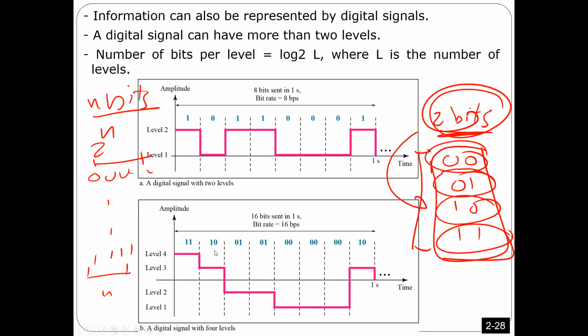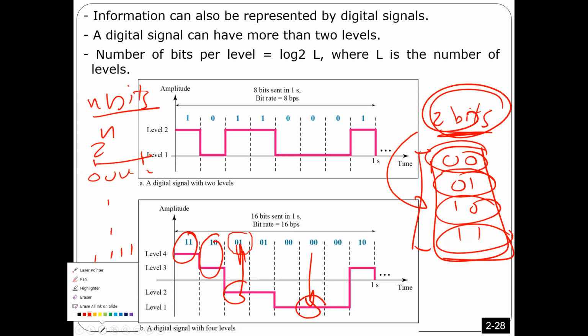This level for 1, 0. This level here is going to be for 0, 1. And 0, 0 is going to be this one. So every time I have 0, 0, I'm going to use this level. Every time I have 1, 0, I'm going to use this level, and so on. Is that clear? Okay, great.